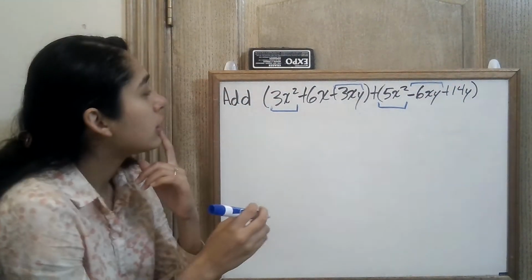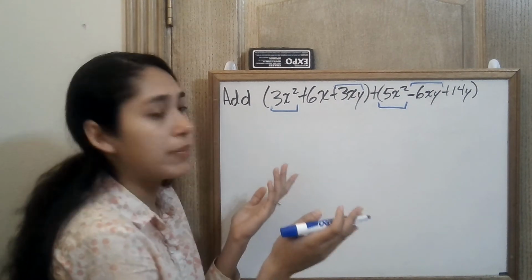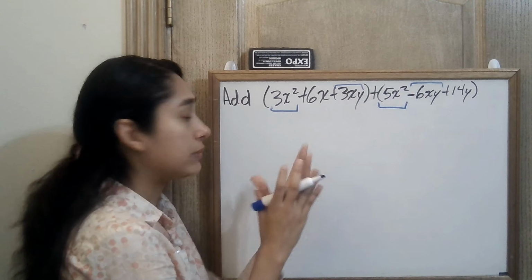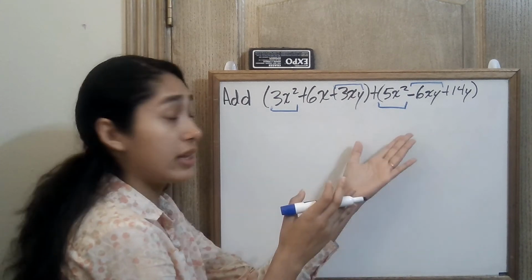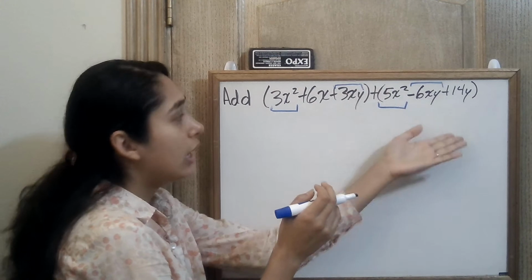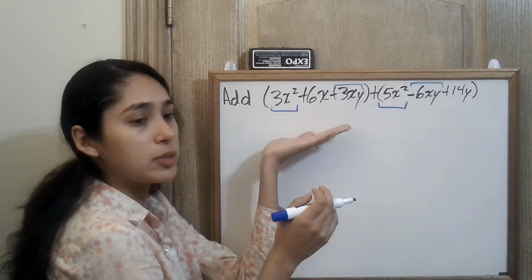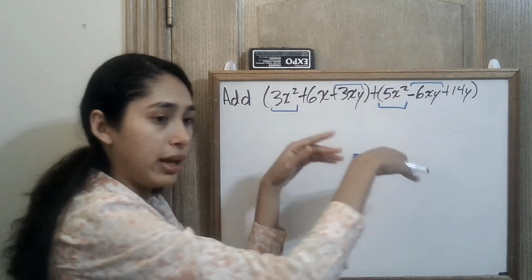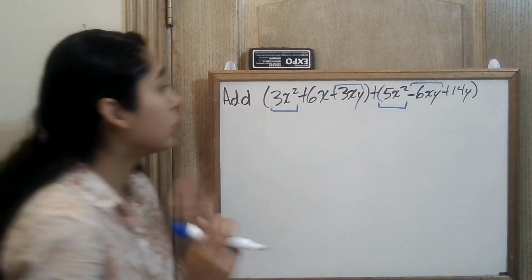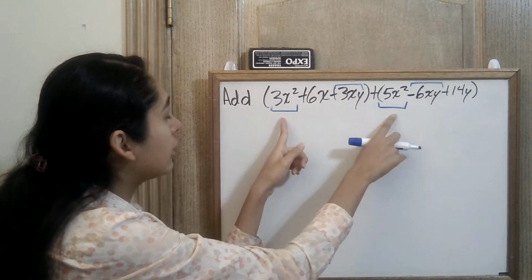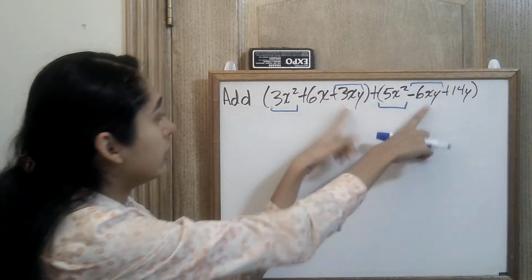And those are the only variables that match from both polynomials. X to the power of 1 is linear, and doesn't have anything else that matches in that variable. And then y to the power of 1 doesn't have anything that matches from this polynomial. So those two terms are just going to be dropped down. So the only things that can be combined truly are these terms and these terms.